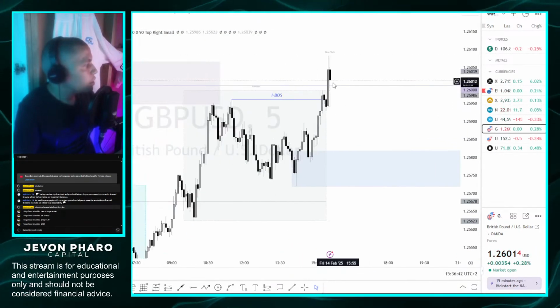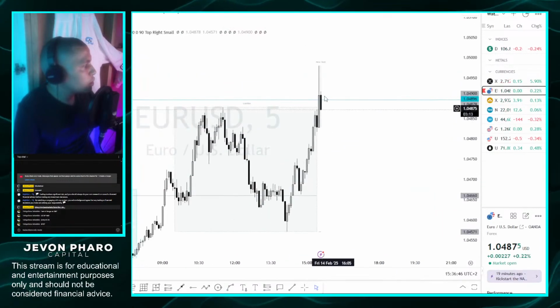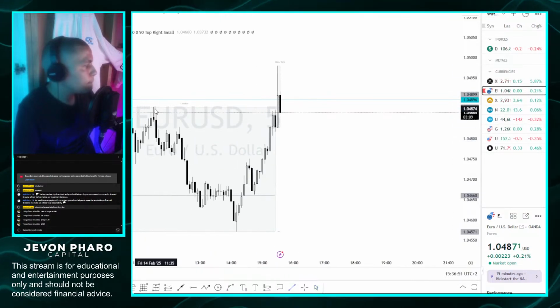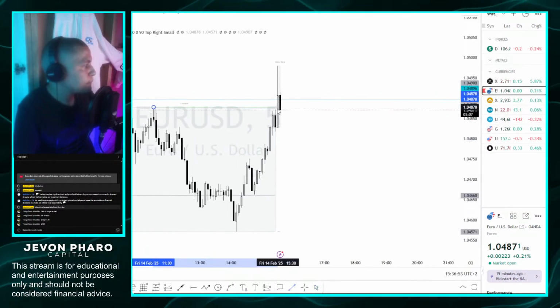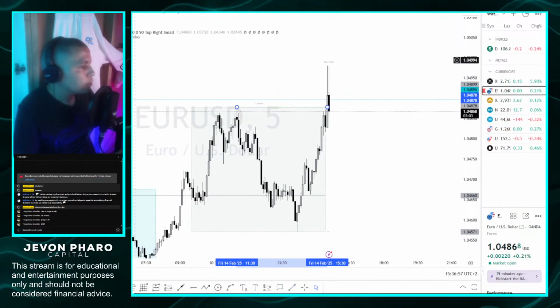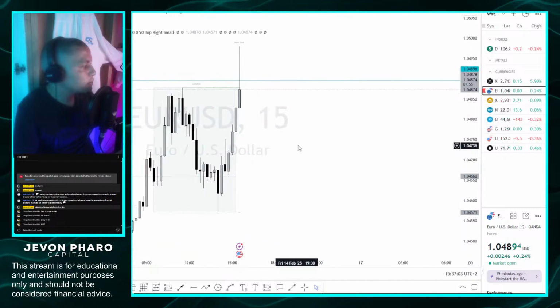Okay, so GU breaking above that level over there. Let's see. EU most likely also sweeps that high, just like we said. Okay, and to see if this thing is gonna close the 15-minute.